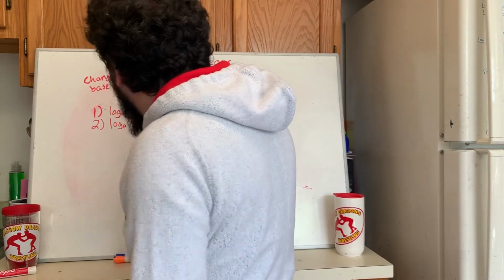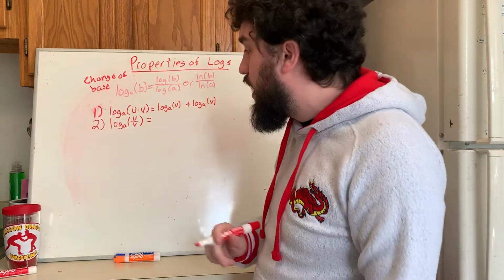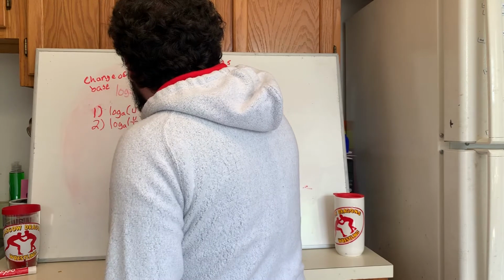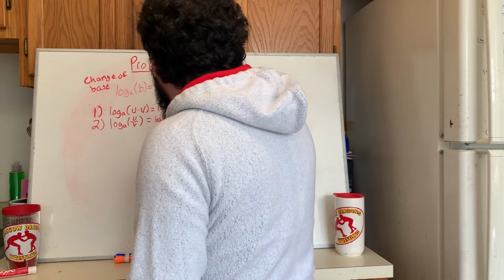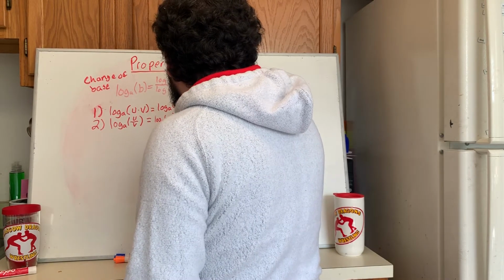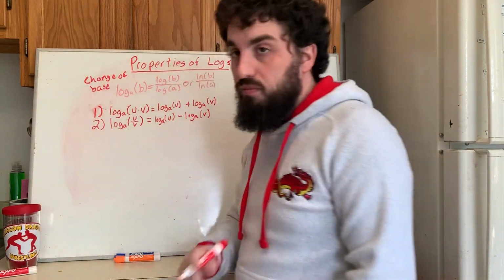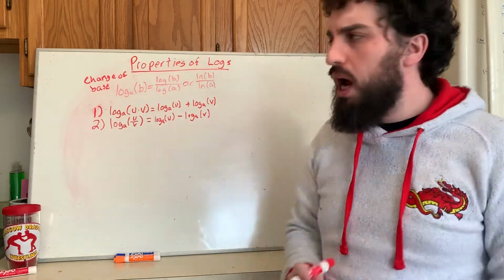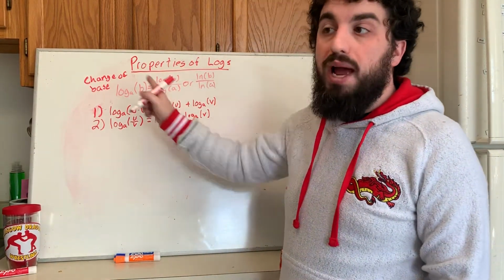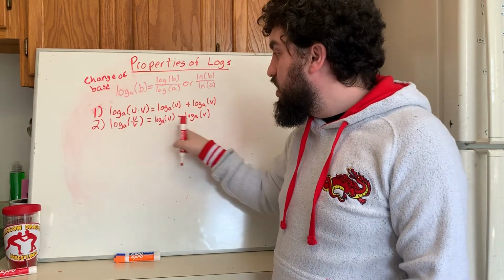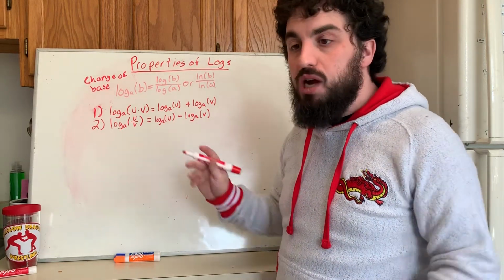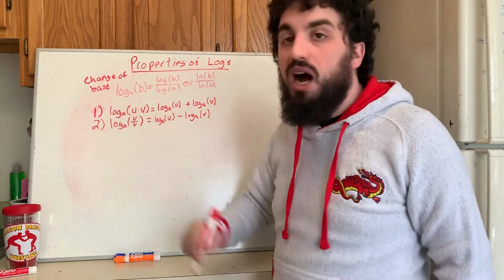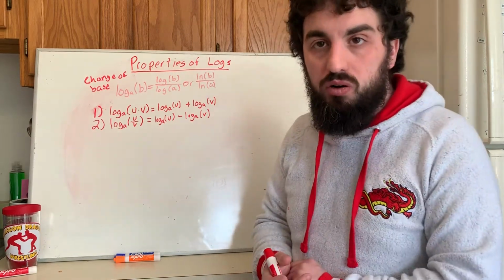So when I divide two things inside a logarithm, that can be split up as log base a of u minus log base a of v. So I split those two apart now using subtraction. Again, if I see these separated by subtraction and I'm wanting to condense, I could go, oh, that's subtraction, so make it u divided by v inside of one log.